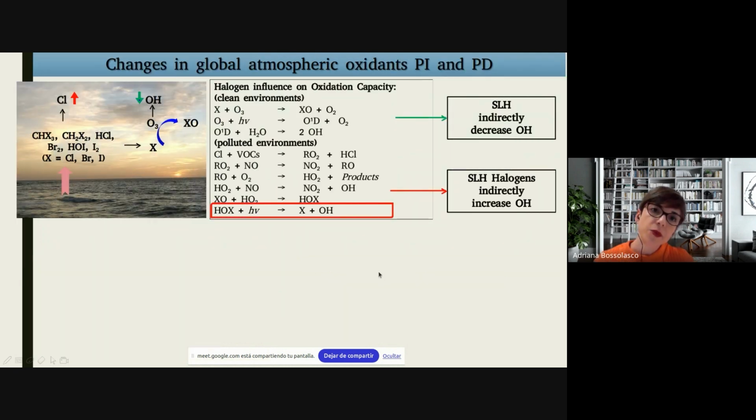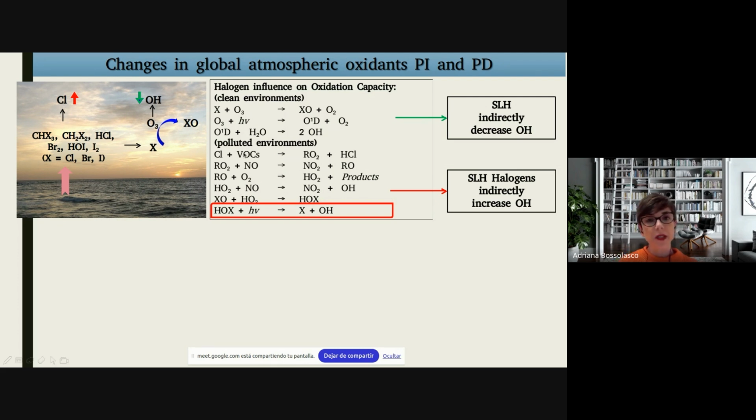So going now to the global change of atmospheric oxidants in pre-industrial and present day. The impact of SLH is highly dependent on the local environment.